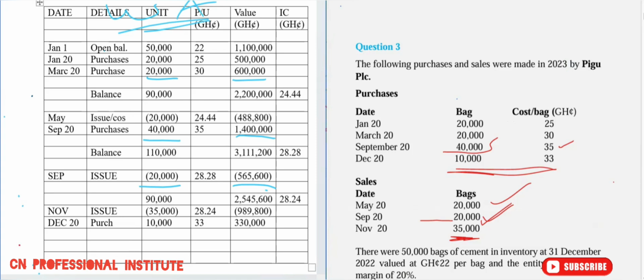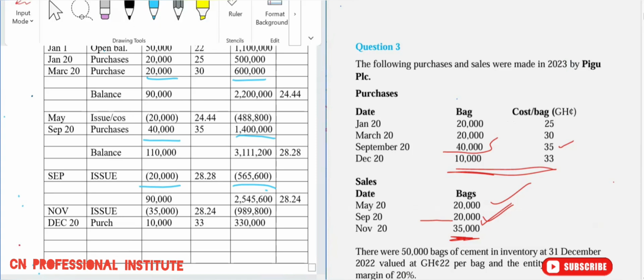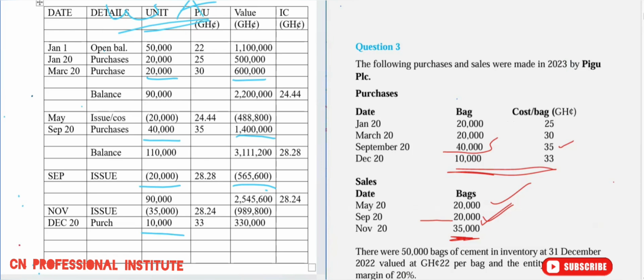So getting our total balance: 90 minus 35 plus 10. So this 100, if you minus 35, should give you 65. So that's 65,000 units.